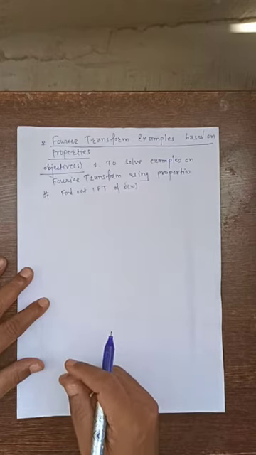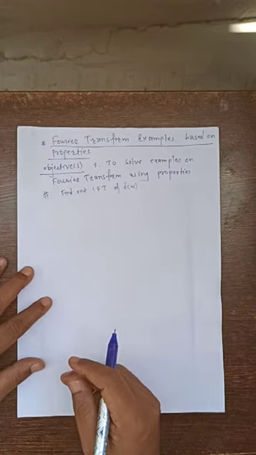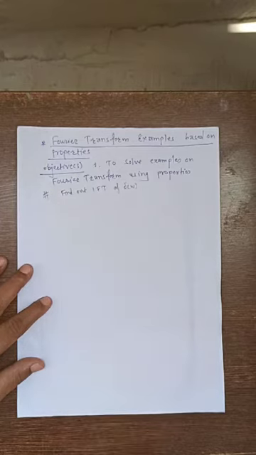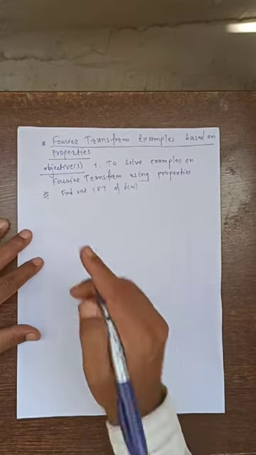So this is the example, and using this example we are going to find out the Fourier transform of 1. How do we proceed? Just see here.